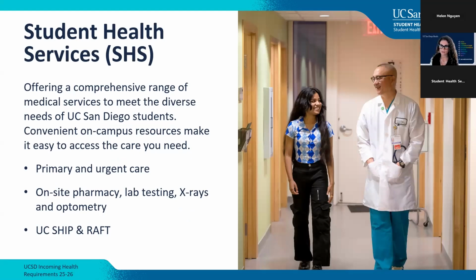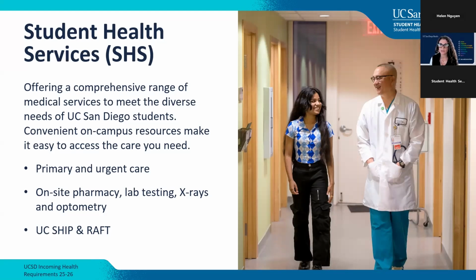We have nurses that you can reach out to through a nurse triage line. UC SHIP is the insurance that gives you full access here, but all students are eligible to use Student Health Services. If you choose to stay with your own insurance or your family's insurance, there is an option called UC RAFT, which is an access fee of $70 per quarter, which gives you access here to our primary care providers, our urgent care, in-house labs, and X-rays, all free of charge.